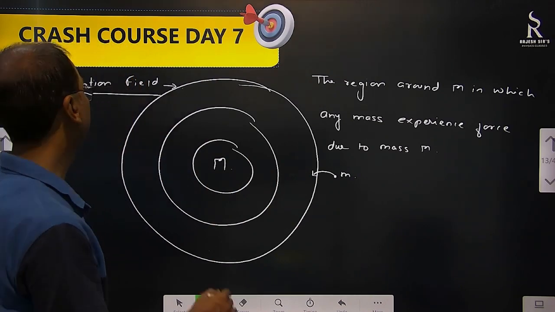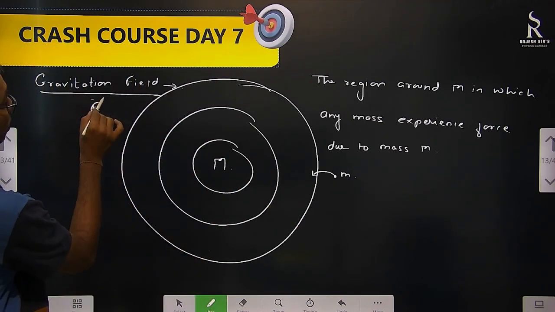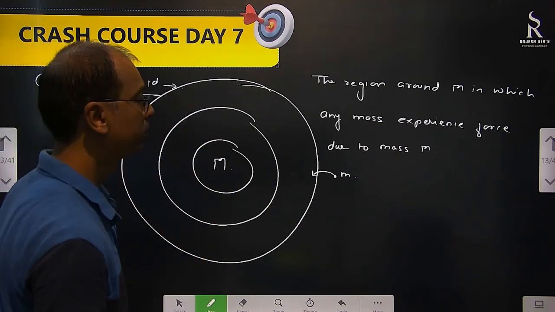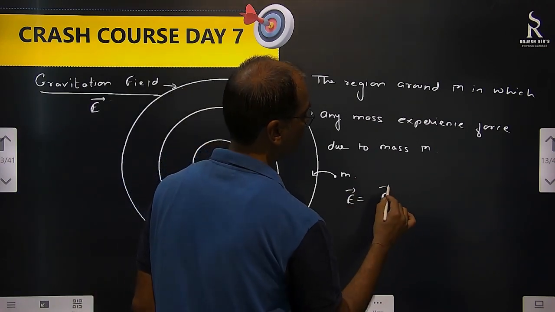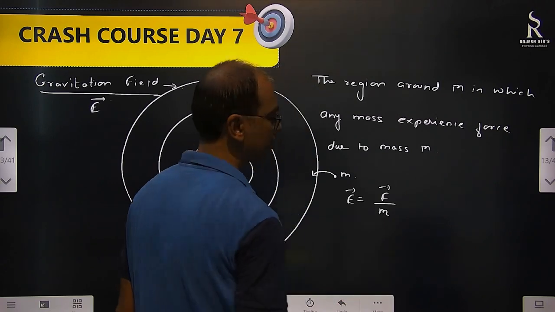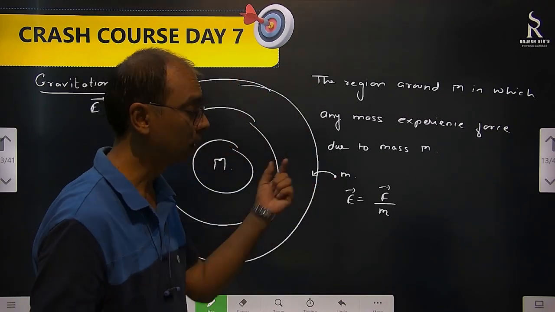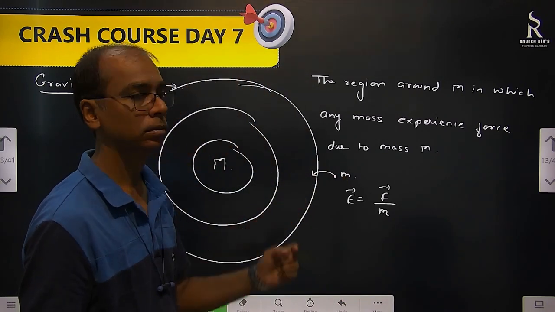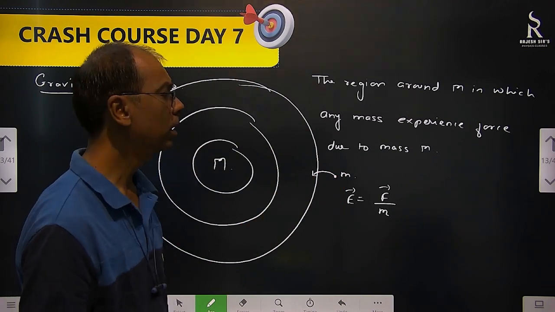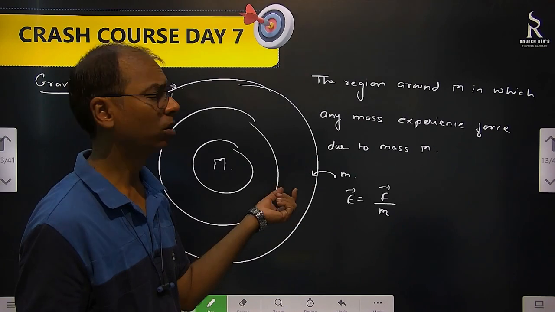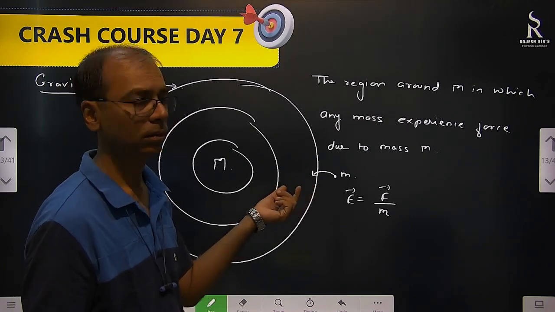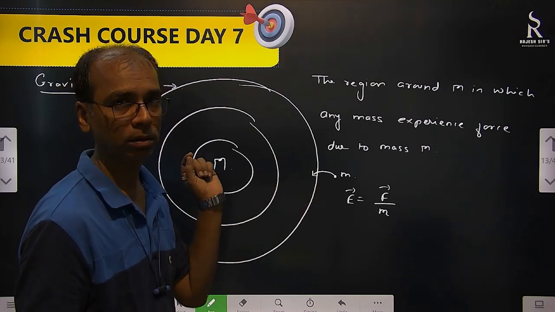This gravitation field we write with E. What is its value? We say that E is equal to gravitation force per unit mass, of the mass which you are bringing. Normally we say unit mass, which is not going to have any effect on the gravitation field over here.